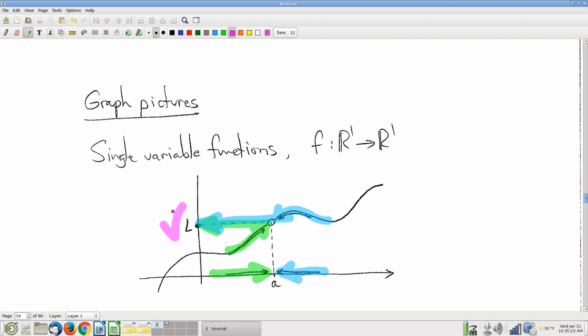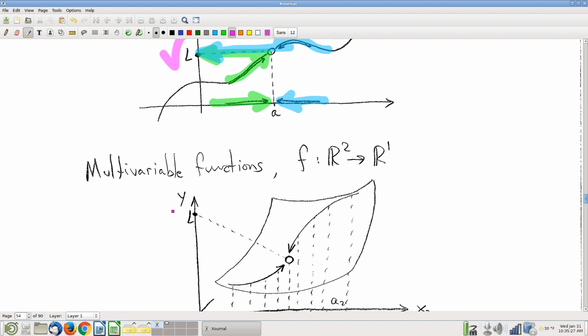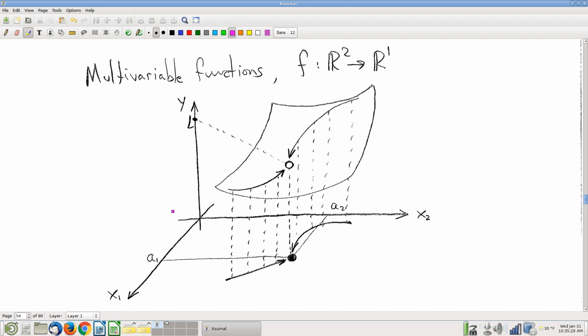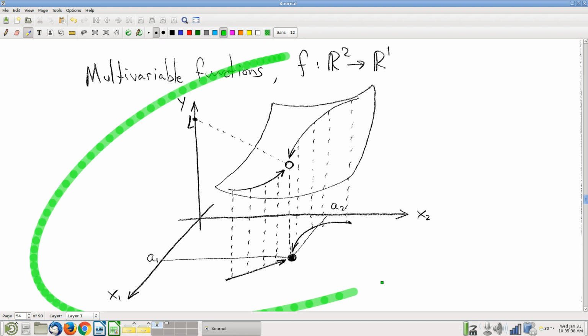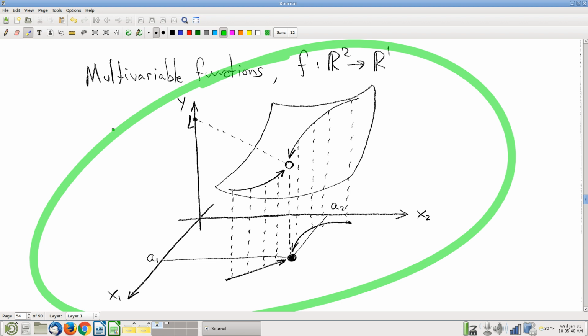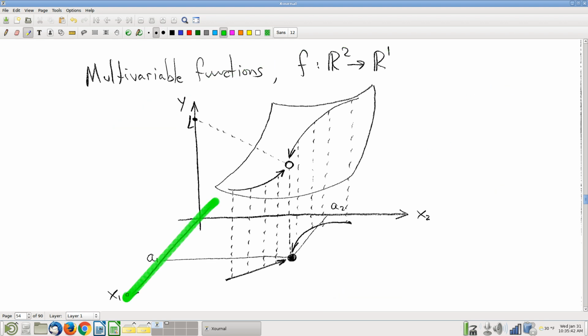So let's see what this kind of a picture would look like in the multivariable context, and it's hard to draw, which is why we usually don't. Right? So here's the same idea in a multivariable context. Here's a graph of a function, f, from R2 to R1, right? 2 input variables, 1 output variable.